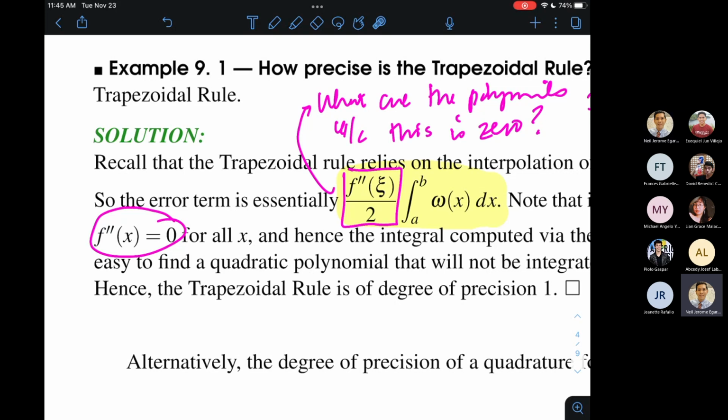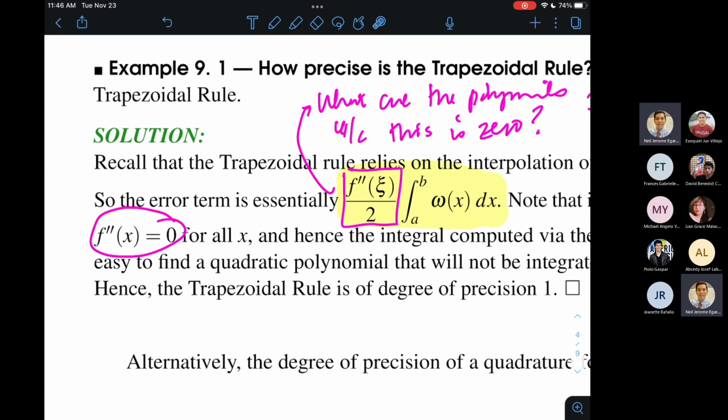All right. Okay. Now, it seems that looking for the degree of precision of a particular numerical integration quadrature formula is daunting and quite cumbersome kasi kailangan nating isa-isahin. Kaya niya bang i-integrate eksakto lahat ng mga polynomial of degree 0? Lahat ba ng polynomial of degree 1?